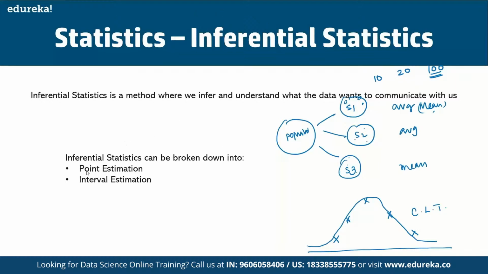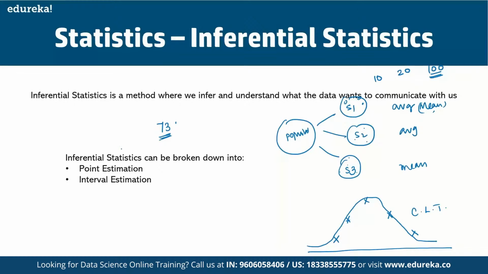So what is inferential statistics, guys? There are two things. One is called point estimation and the other interval estimation. Point estimation means I am saying the average age of people will be 73, right? How often can you give this exact value? Not always, or maybe we can never give this value.